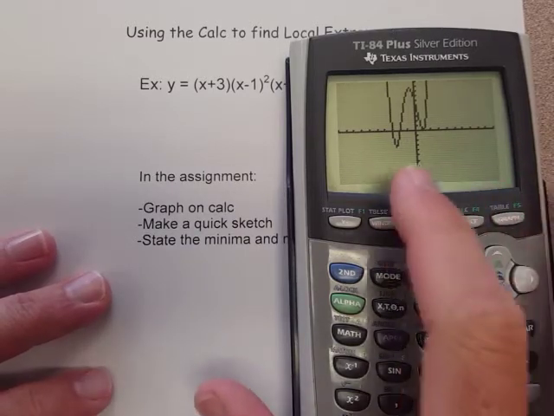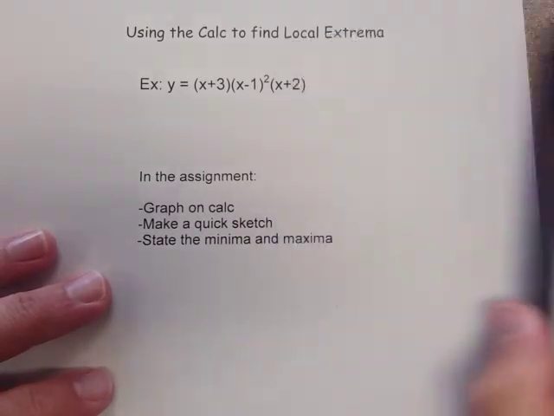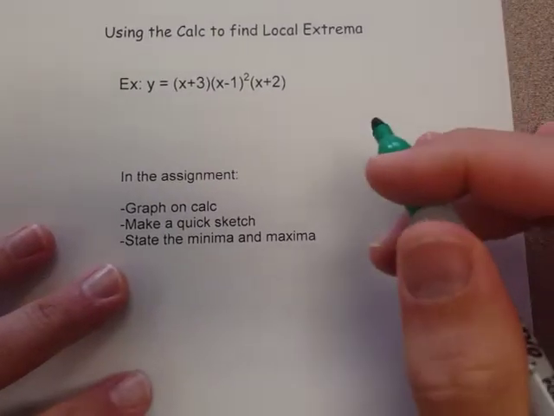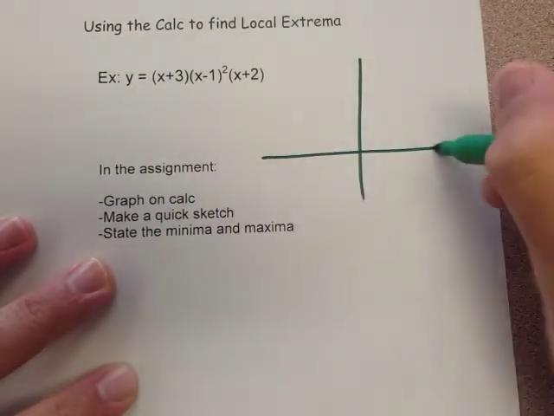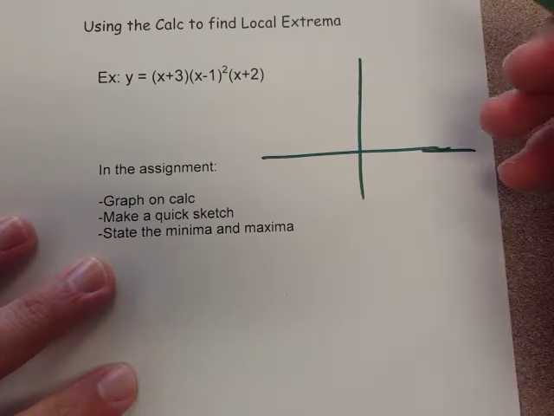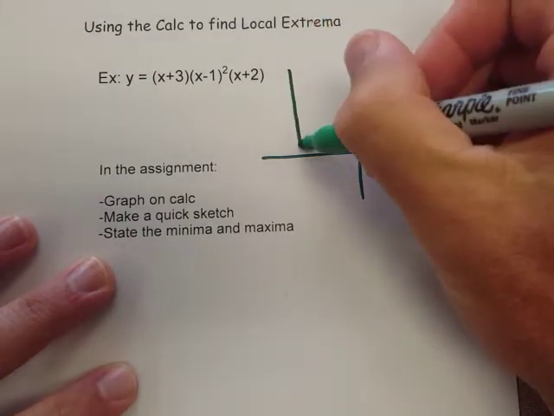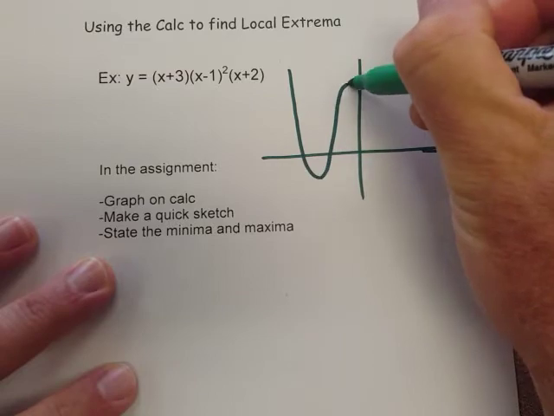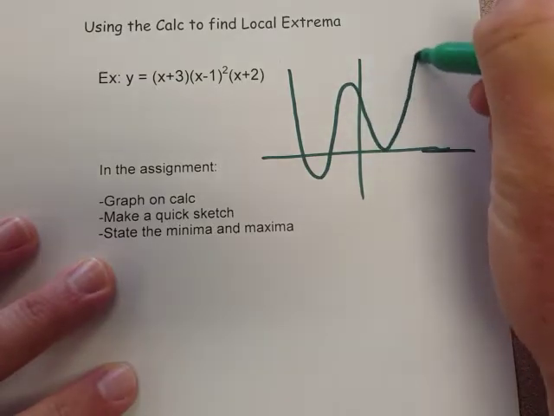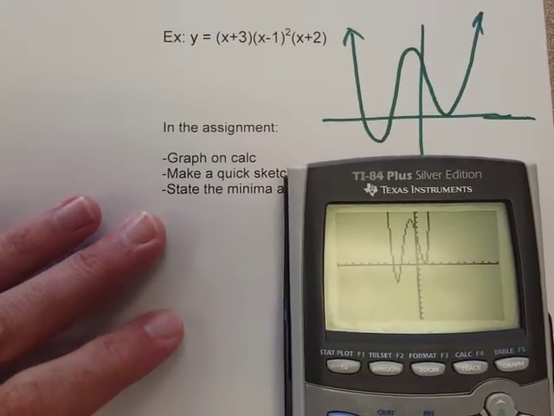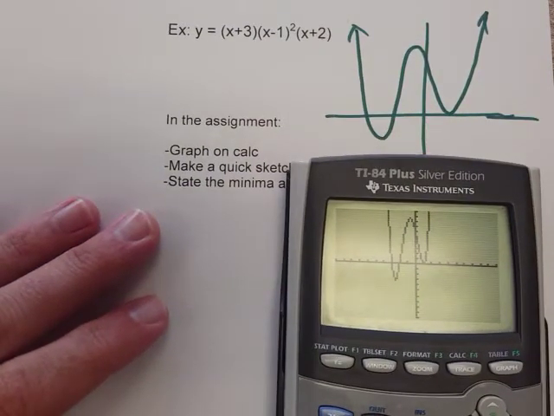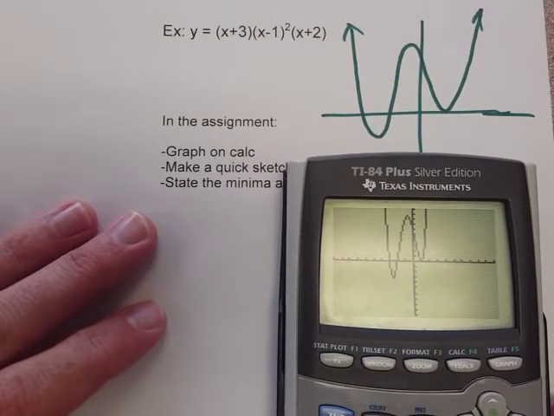So what's on this one right here, I'm going to go ahead and just draw a quick sketch of that on my paper. It doesn't have to be perfect. Mine certainly will not be. But it's got to look something like what you saw on the screen. So not great, but good enough in this case.